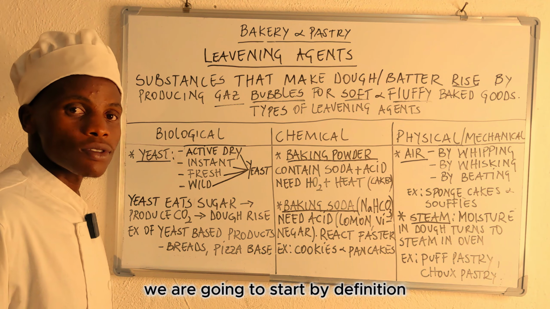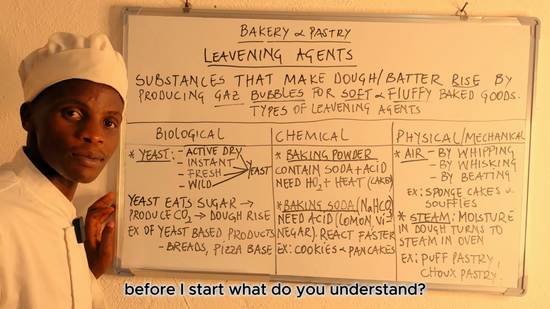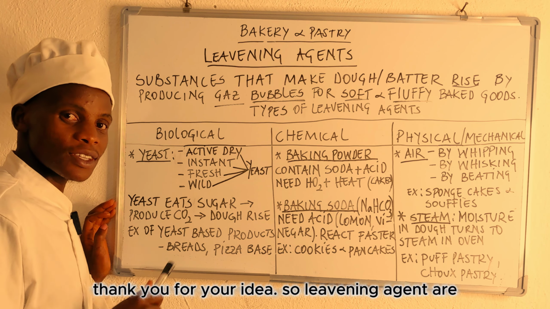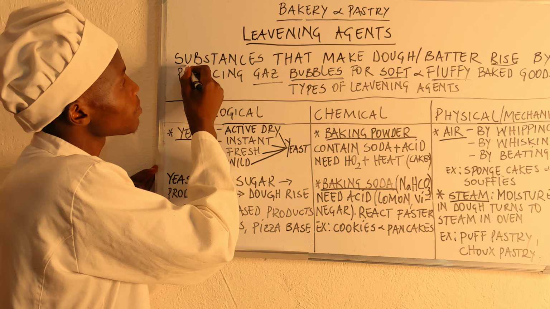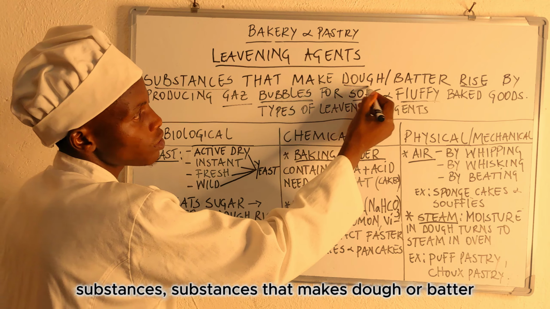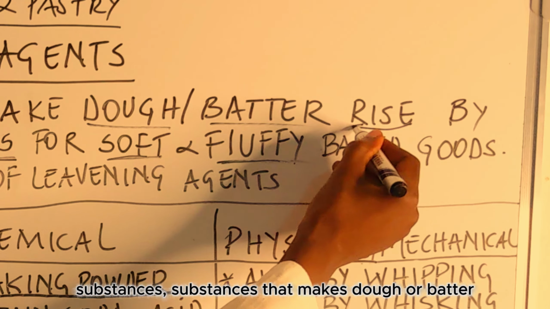Let's go. We are going to start with the definition. When we say leavening agent, before I start, what do you understand? Thank you for your ideas. So leavening agents are substances that make dough or batter rise.